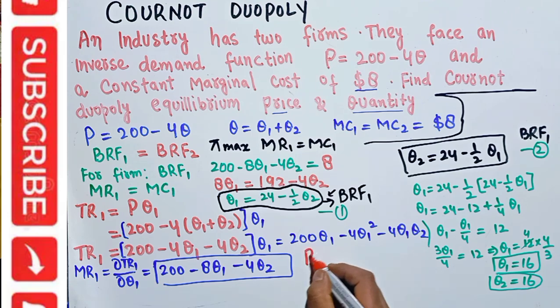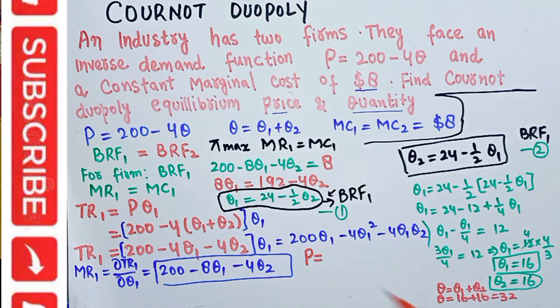First, q will be equal to q1 plus q2, that is the total output produced by both the firms in this duopoly. Which will be equal to 16 plus 16, which comes out to be 32. So total output produced will be 32, and this will be the Cournot equilibrium quantity.